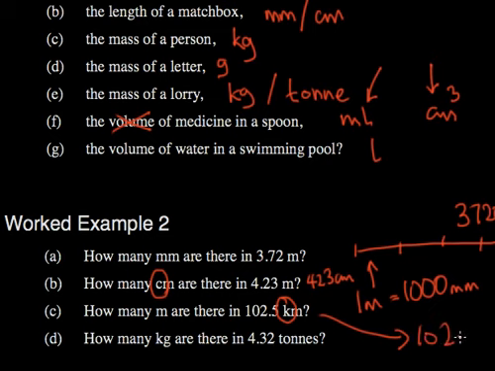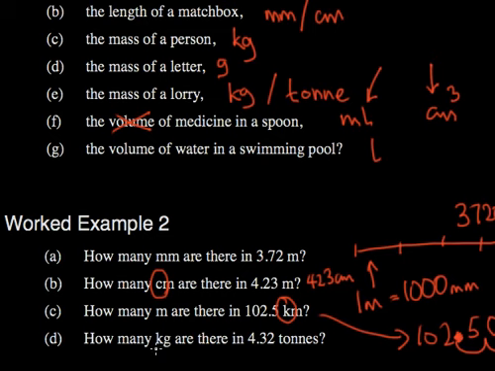I'll just write one. That's what it is in kilometers. The decimal point jumps 3 times. 1, 2, 3. So then we would fill up our spaces with zeros, 1 here and 1 here, and our decimal point's no longer there, and this is now 102,500 meters.